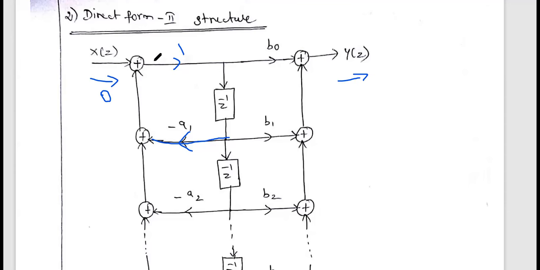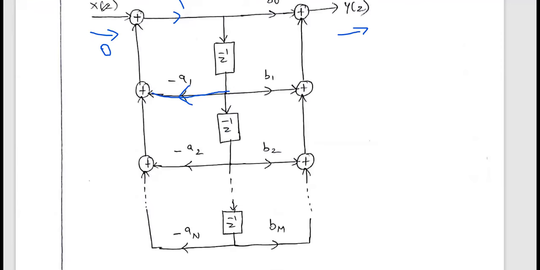Each input signal is processed via various elements. Here you see X of z propagating via this adder, the first delay, second delay, third delay. After delaying, we multiply using this multiplier, then again an adder, and it comes to here. So the input signal is processed via so many elements, and each element produces some amount of delay.